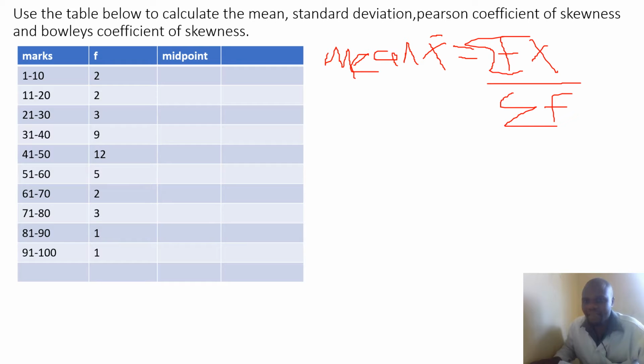But in case it was non-grouped data, we would use the summation of x divided by the number of observations n.